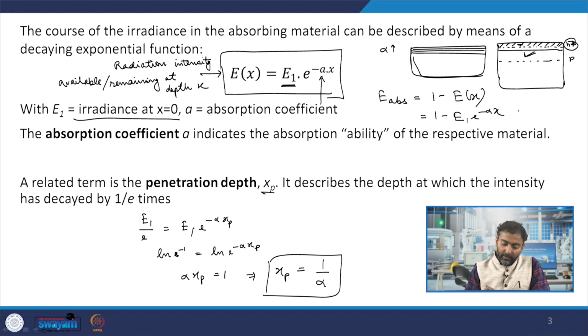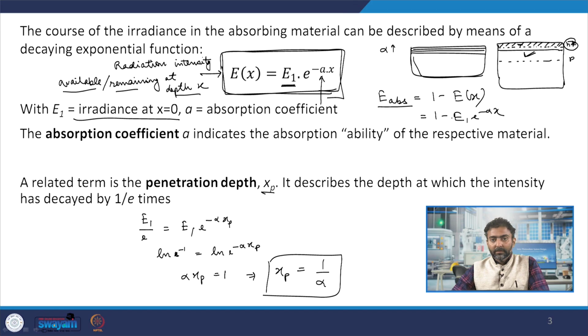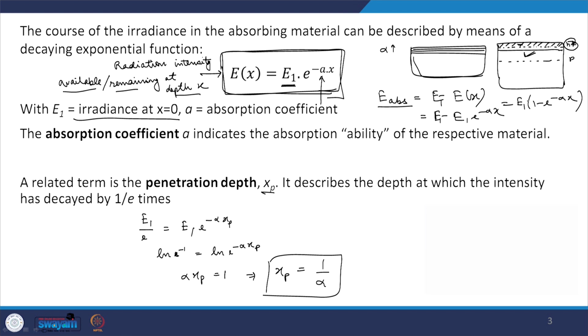We have to be very clear that this form of equation, E(x) equal to E1 e to the power minus alpha x, only tells me what is the radiation still available or remaining at depth x. Therefore, if I want to find how much radiation is absorbed till depth x, then the absorbed will be E1 minus E(x), which is nothing but E1 times (1 minus e to the power minus alpha x). That would be the absorbed radiation.